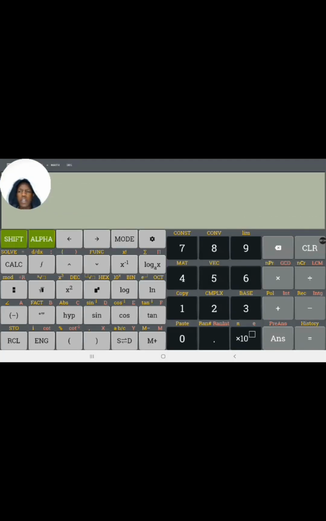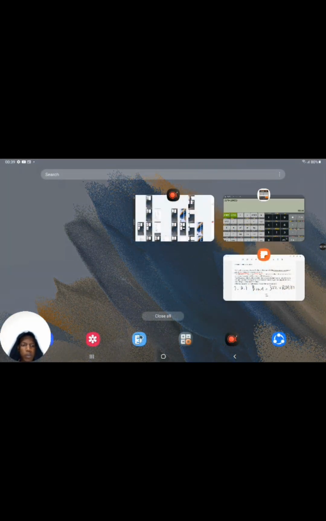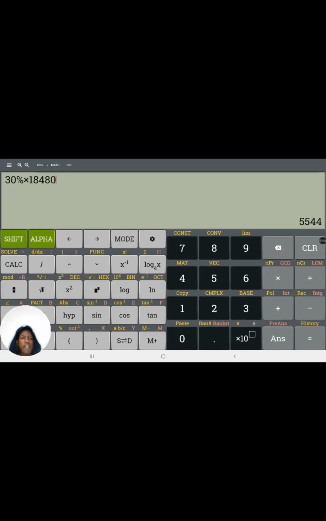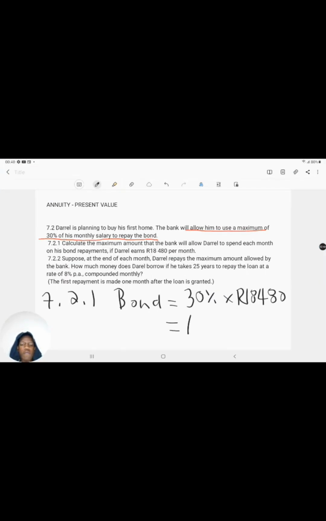So that's 30% times 18,480. So that is 5,544 rands. Okay, that's straightforward. That's the answer for the first part of that question.